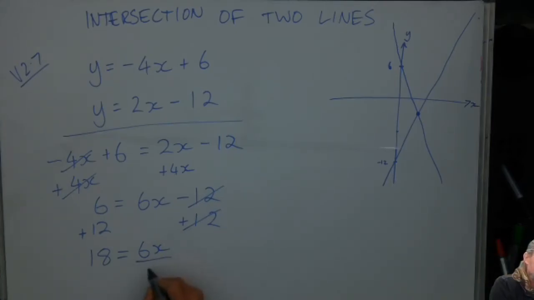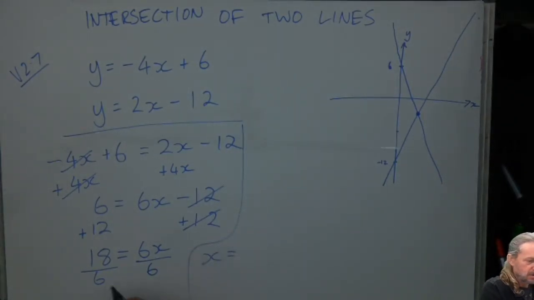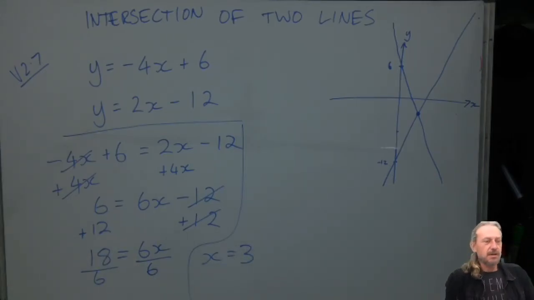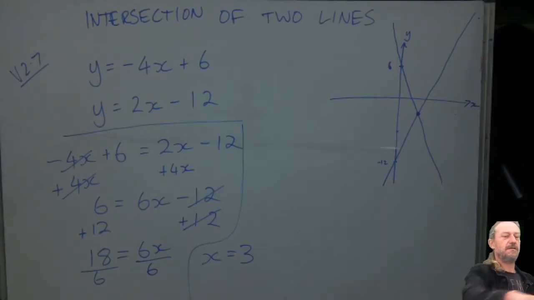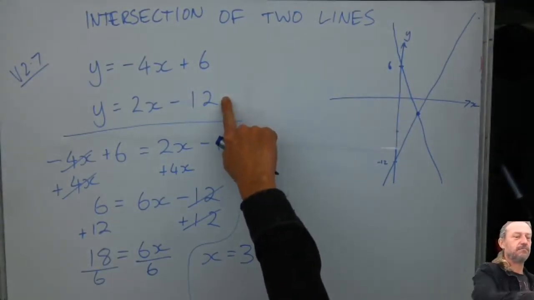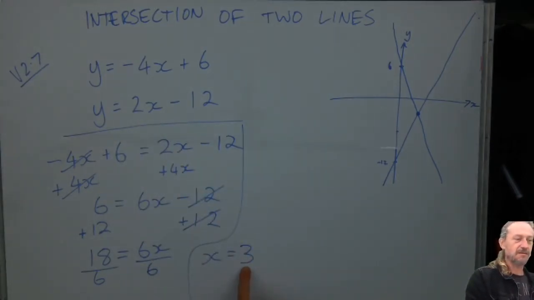And then we'll divide both, not by x, by 6, divide by 6, and we end up with x equals 18 divided by 6 is 3. So then we're going to substitute x equals 3 into one of these equations. Let's go for this second one, simply because I'm going to be multiplying two positive numbers.